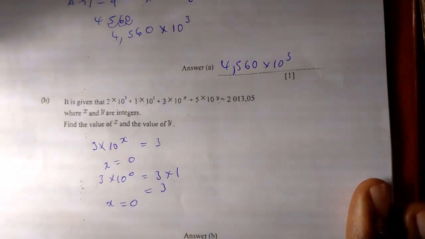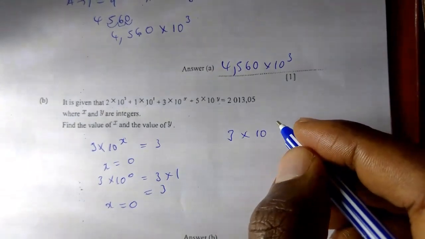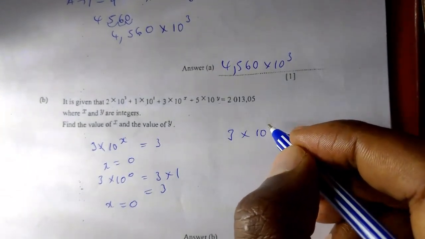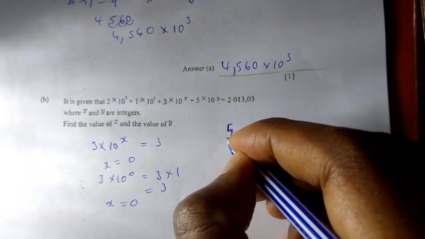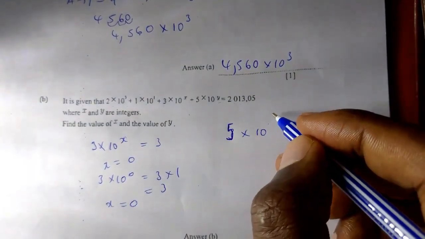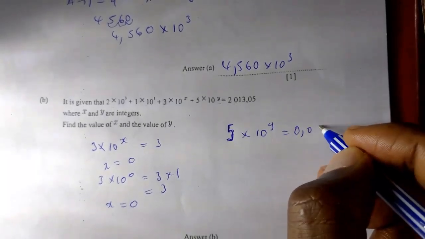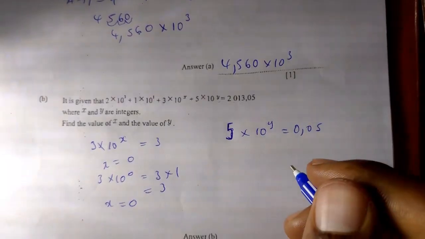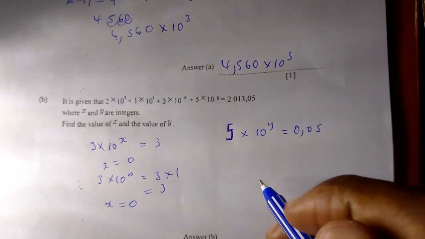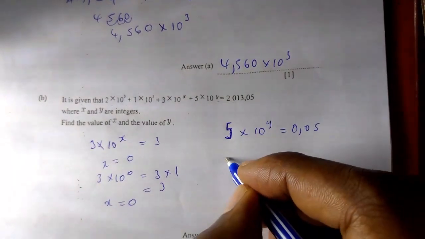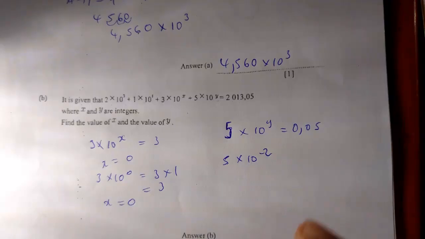And for y, this is 5 times 10 to the power y. We get 0.05, so it means it's divided by 100. So what we do, this is 5 times 10 to the power minus 2.